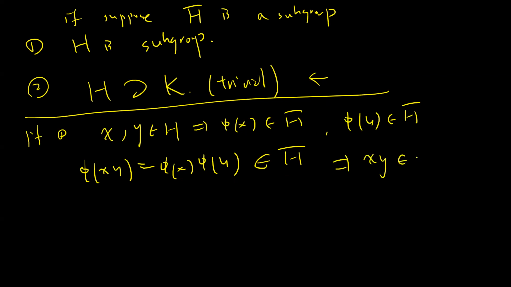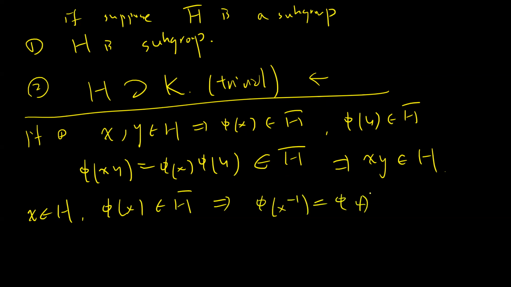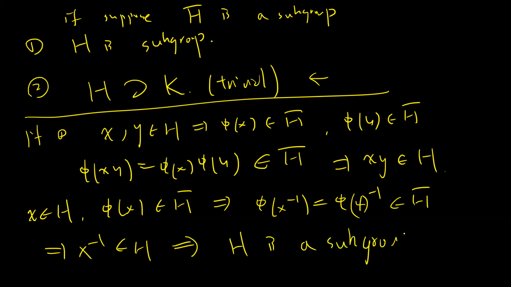Therefore XY belongs to H. This shows closure. Now if X belongs to H, then phi of X belongs to H bar, and by definition phi of X inverse is phi of X inverse, which belongs to H bar. So X inverse belongs to H. This tells you that H is a subgroup. So this is just a pre-image.